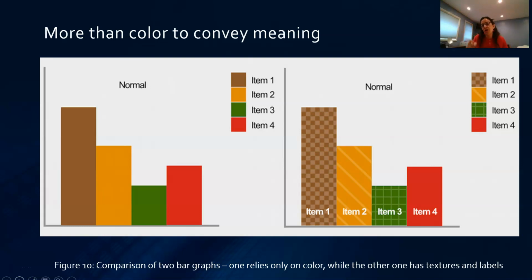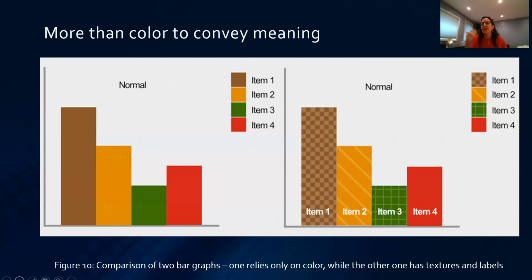And in addition to having different textures, the labels for what item is represented by each bar are also placed on top of each bar. So there is no confusion, there is no way to get it wrong in this case. You know exactly what item is represented by what bar.